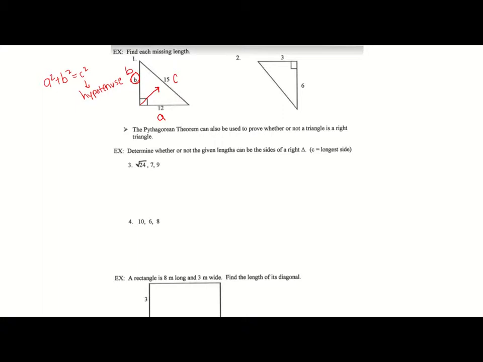So I know that a is 12, so I'm going to have 12 squared plus b squared equals c is 15. So this is my equation, and I'm trying to get b by itself, so I'm going to subtract 12 squared from both sides.